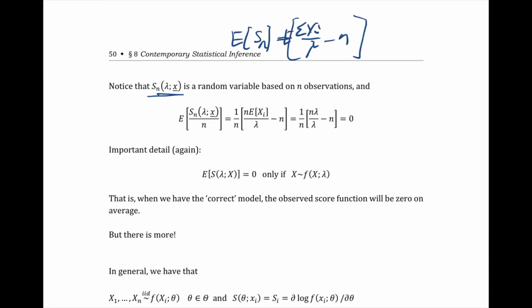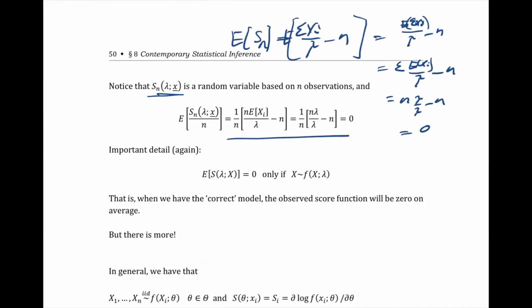So that is equal to the expected value of the sum of the x_i's over lambda minus n, which is the sum of the expected value of x_i over lambda minus n, which is n lambda over lambda minus n, which is 0. That's all what's here.